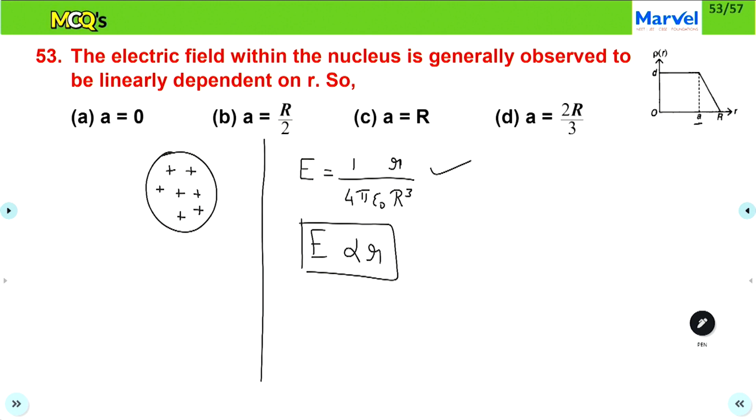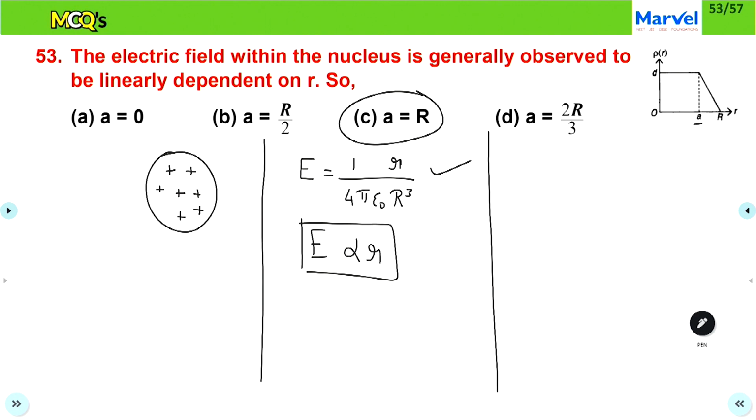If it was a conducting sphere, the charges would be present only at the surface. Since the charges are inside, this is what it is. The electric field is directly proportional to r, right? So, option C will directly be our answer for this particular question.